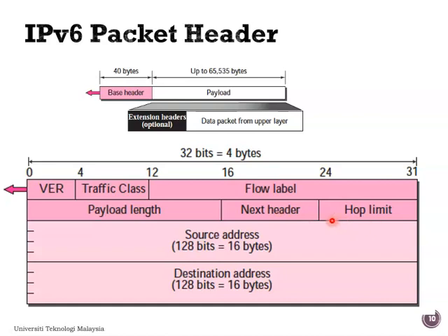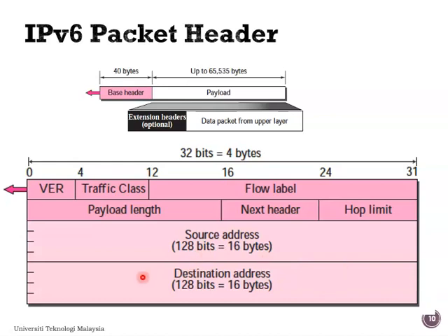The next one is hop limit. It serves the same purpose as the TTL field in IPv4. And finally, the source and also destination address, which each takes 16 bytes in the packet header. So these internet addresses identify the source address for the datagram, and the destination is for the destination of the datagram.